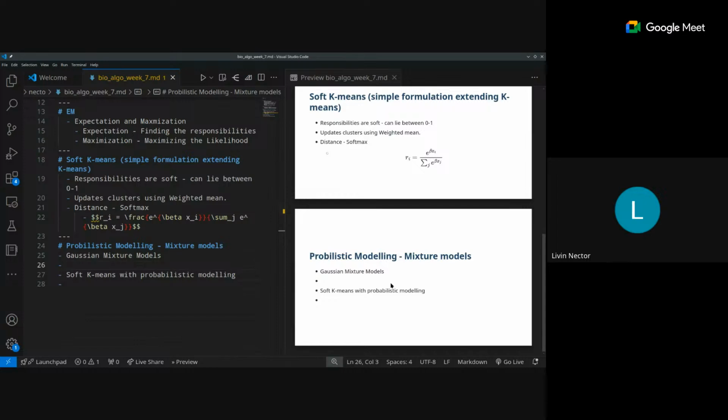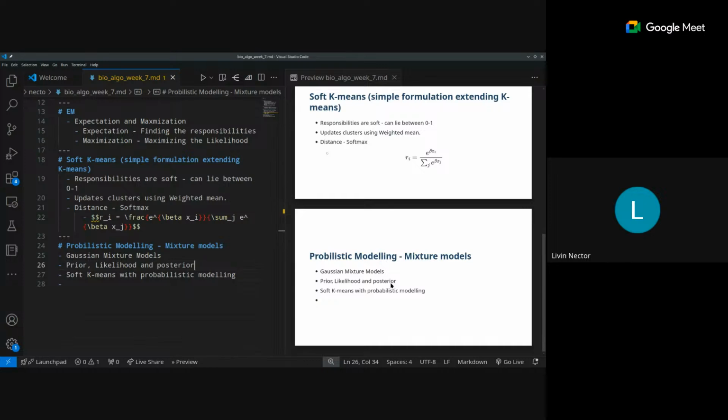Okay. So in mixture models, the formula of how to compute the probability comes from these things: one is the prior, the likelihood, and the posterior.